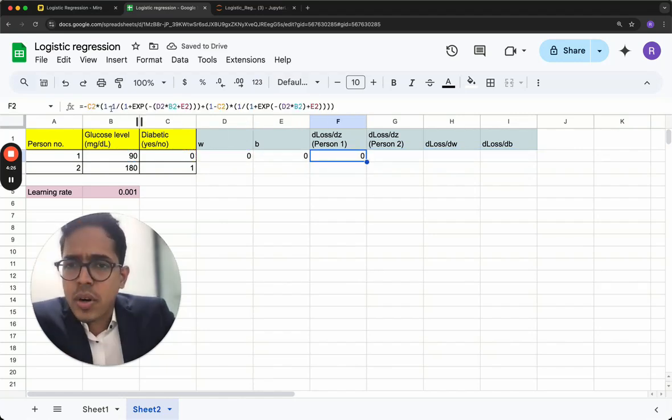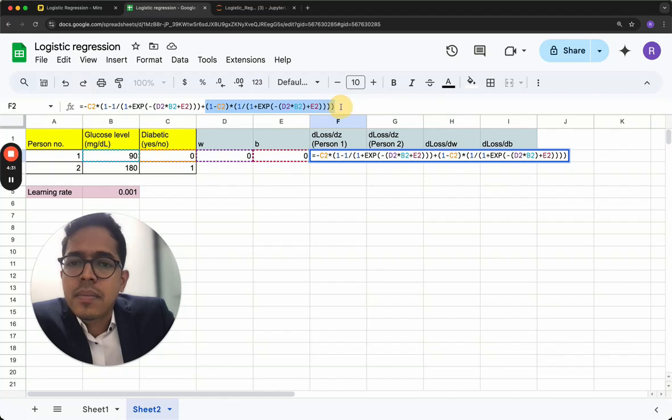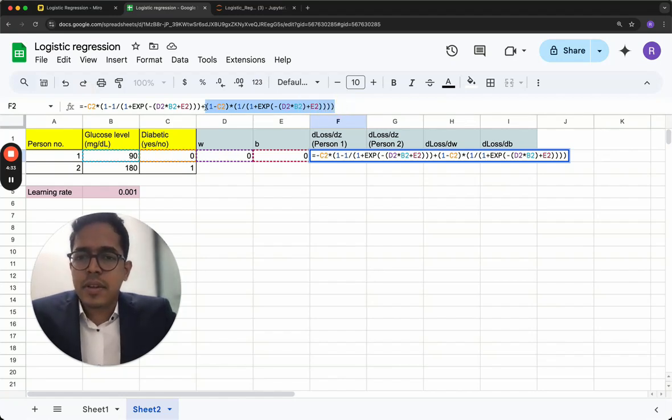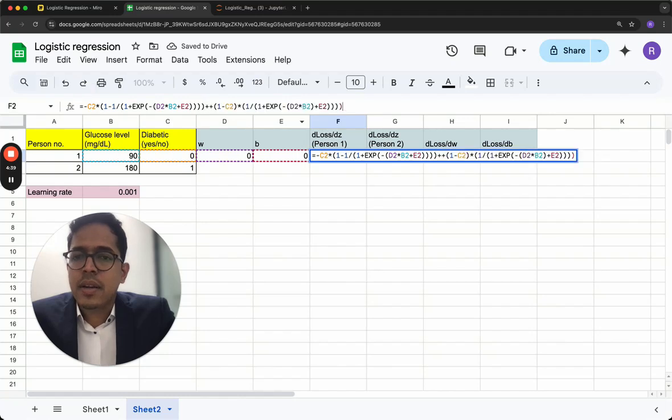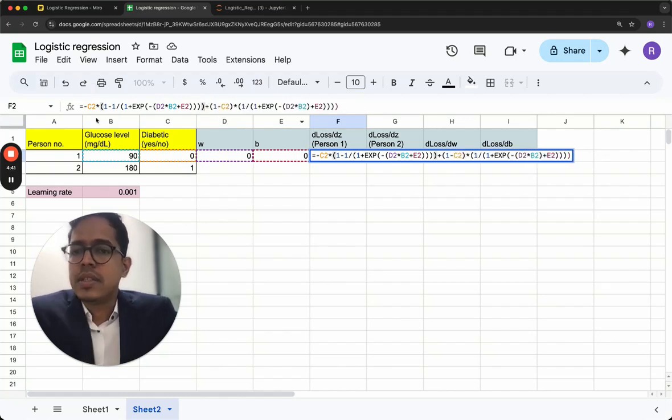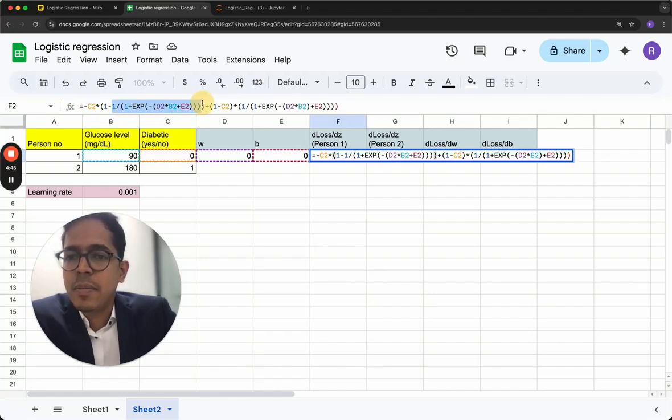Okay, I hope I have not made any mistake here. Let me first remove this guy to see if the formula has balanced brackets. Okay, bracket seems to be fine. So this is minus y times 1 minus sigma, and sigma is 1 by 1 plus e raised to minus z, and z is wx plus b.